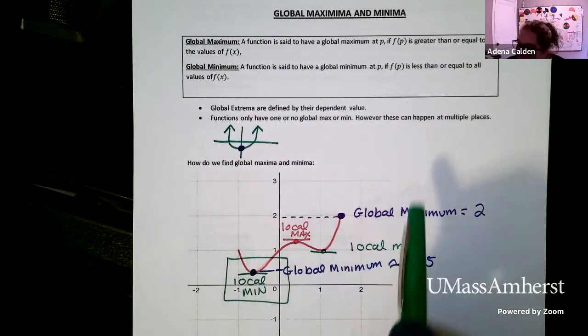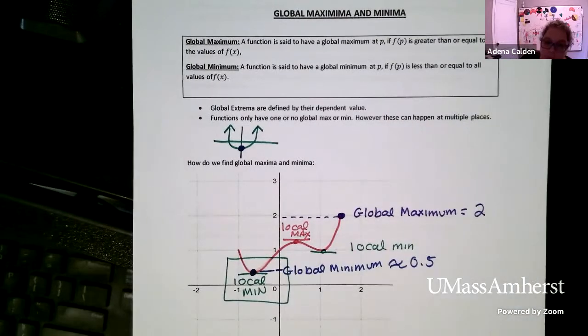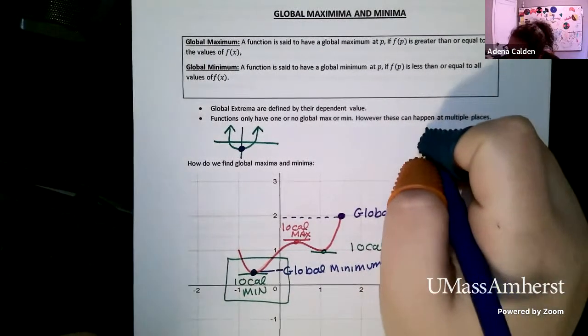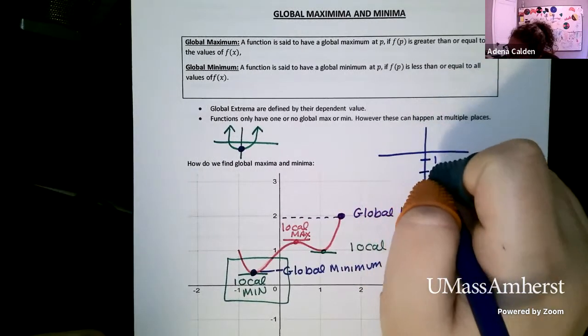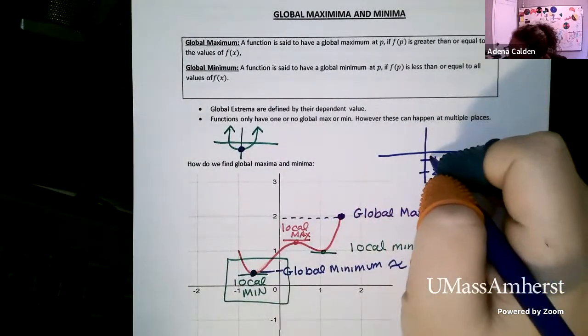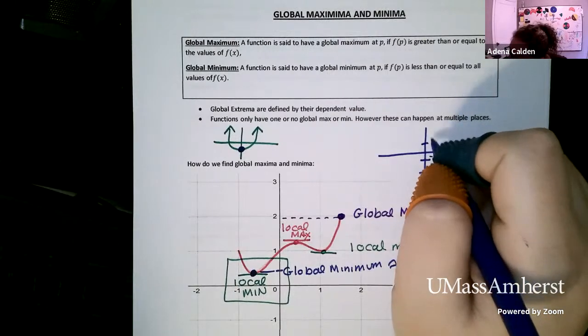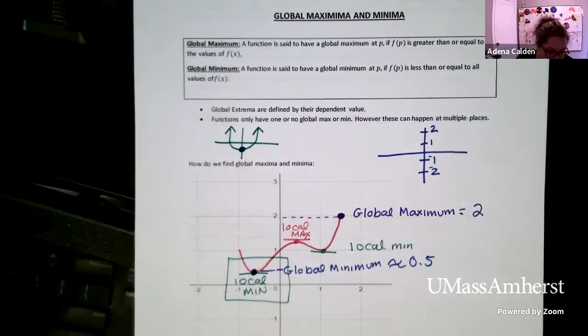Okay, what about these things happening at multiple places? What does that mean? Well, let's say we have a function with -1, -2, 1, 2 marked.